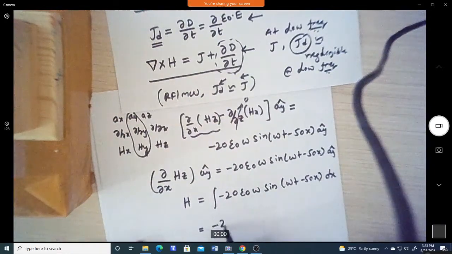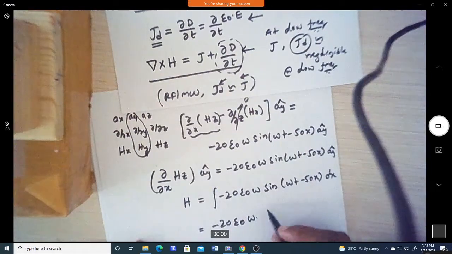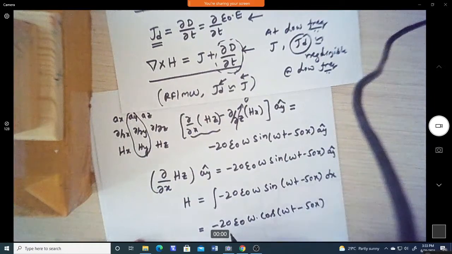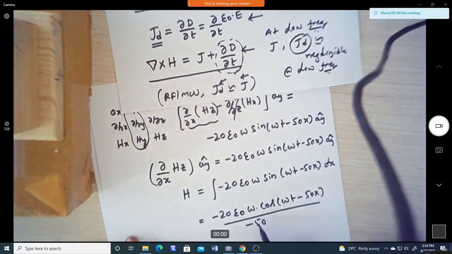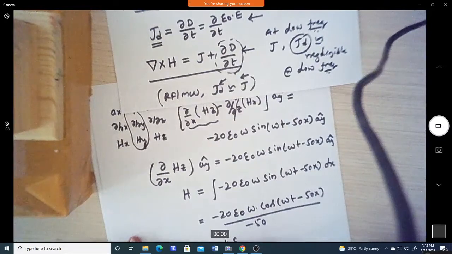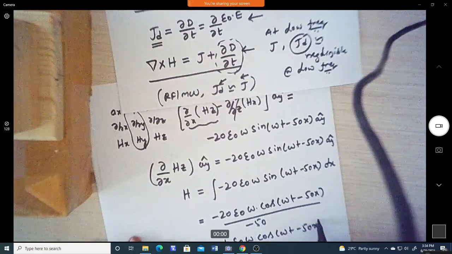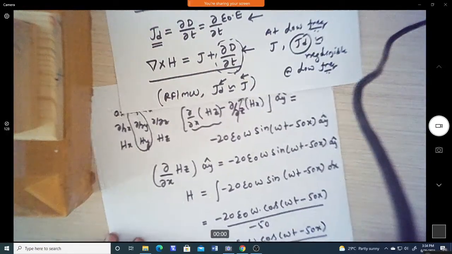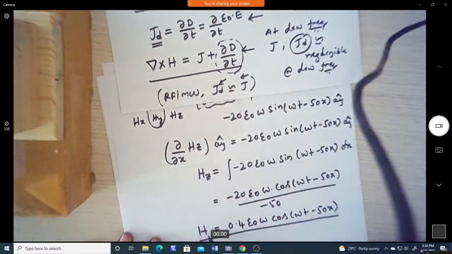If I integrate with respect to x, sin gives cos of omega t minus 50x, divided by minus 50. So we are going to get 20 by 50, which is 0.4 epsilon naught omega cos of omega t minus 50x. So this is your H, or you can write Hz because it is only the Z component.